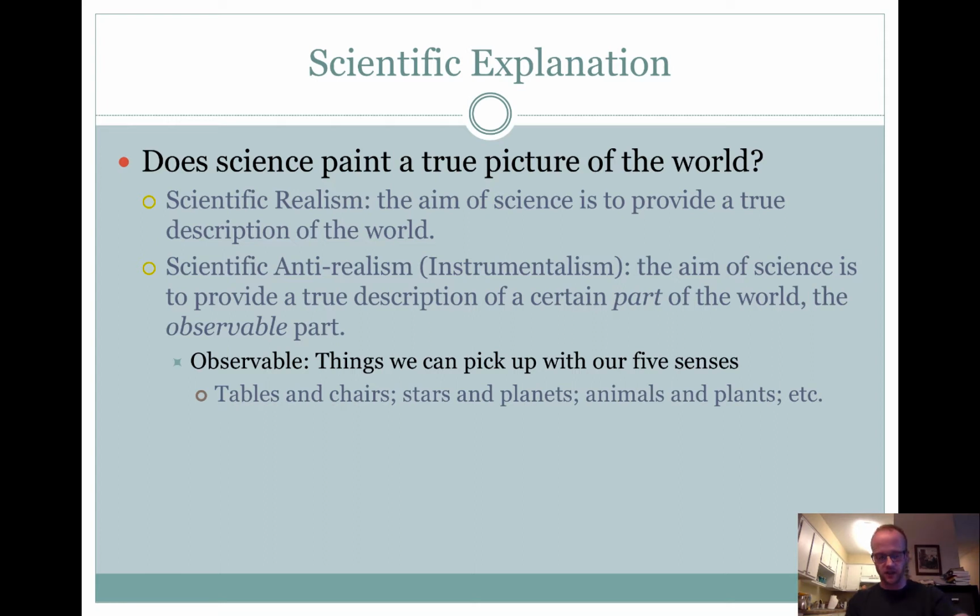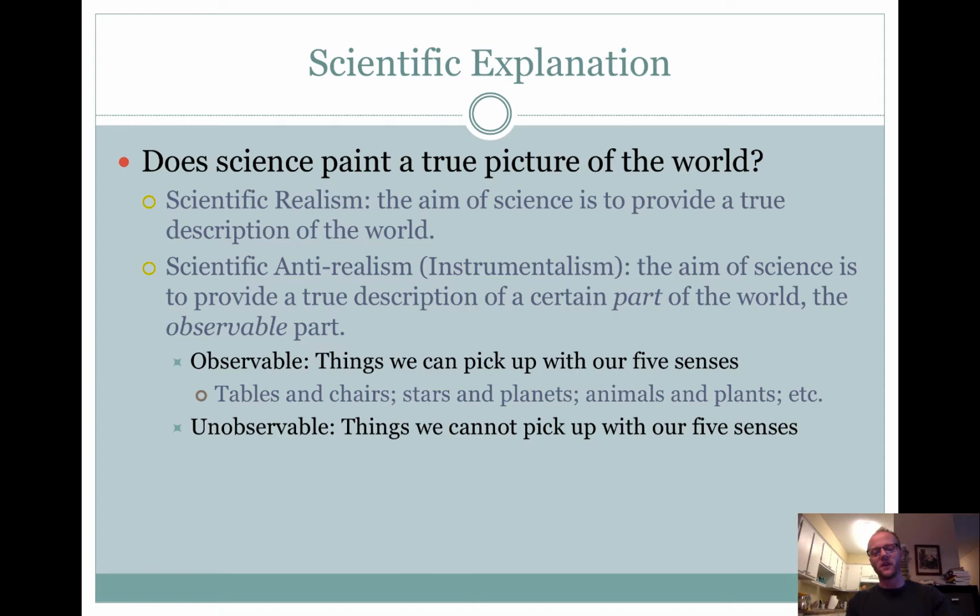But science is not trying to give us accurate explanations of the unobservable, which are like the quantum level, for example, atoms, quarks, gluons, and so on. At best, what science is doing at that level, thinks the anti-realist, is giving us kind of useful fictions, hence the name instrumentalism. They're giving us fictitious things like atoms.